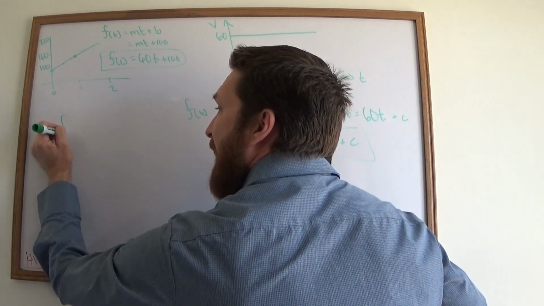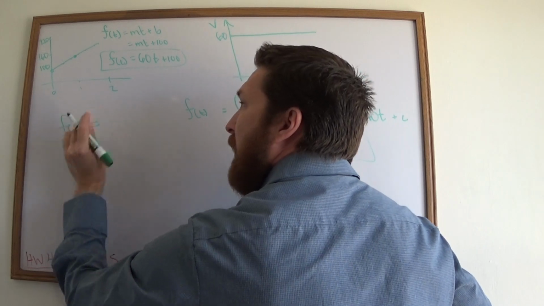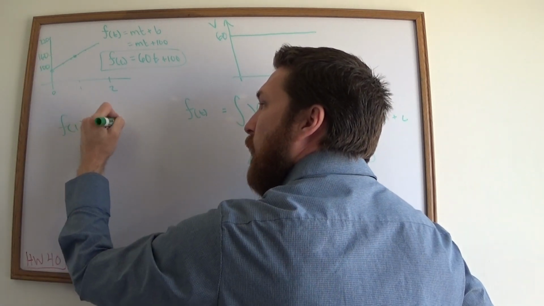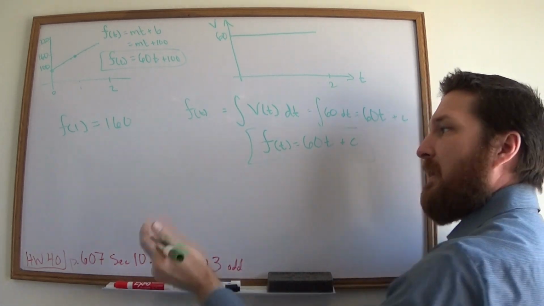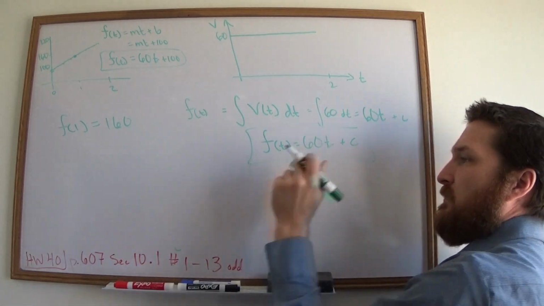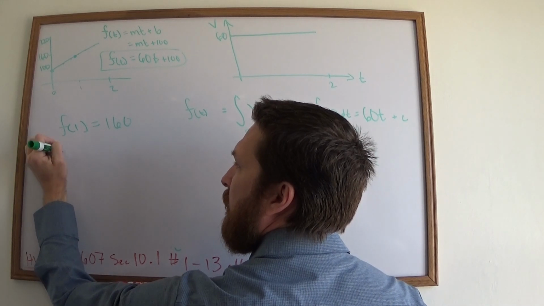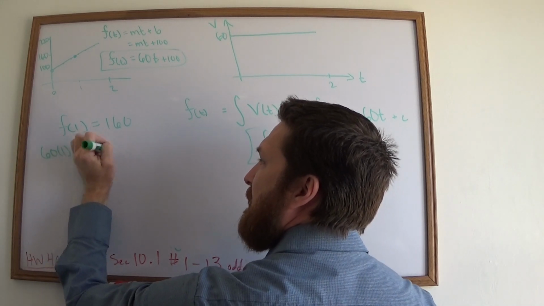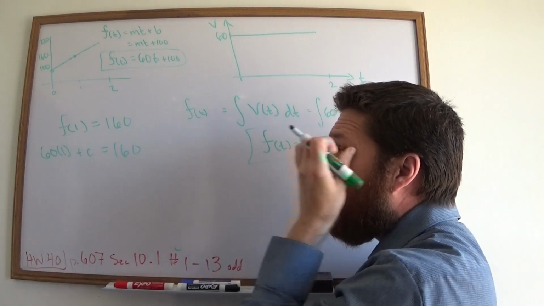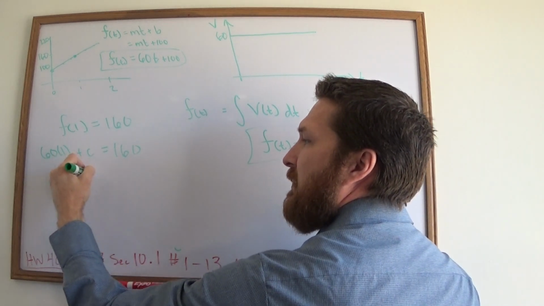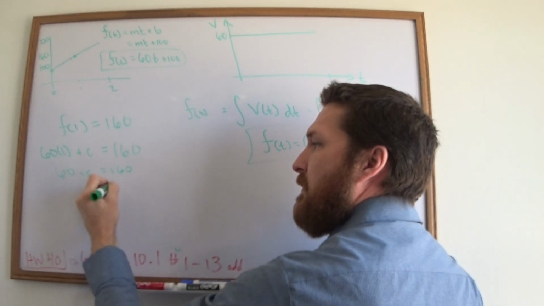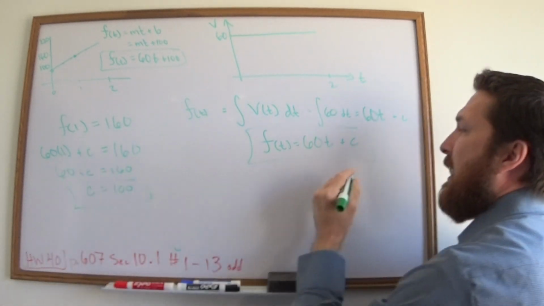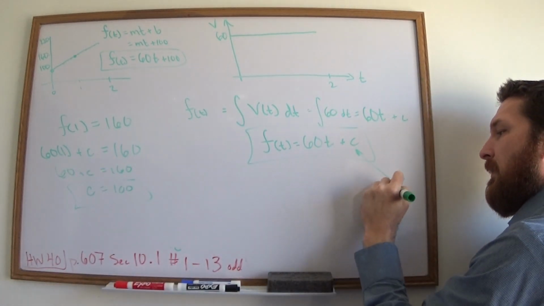So I know that f of 1, when I plug in a 1, I should get out a 160. But all I have here is this, so I plug a 1 in here, and I get 60 times 1 plus c is equal to 160. So that gives me 60 plus c equals 160, so c is equal to 100.